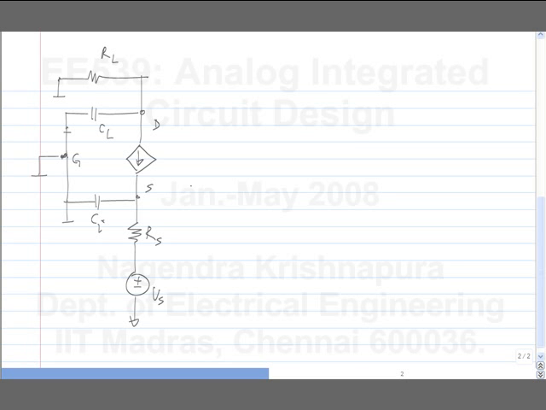What is the impedance looking up like this? 1 by Gm. So what is the voltage at this point? The input impedance looking up is exactly 1 by Gm if you don't have GDS. Okay. So what is the voltage at the source node under this condition?